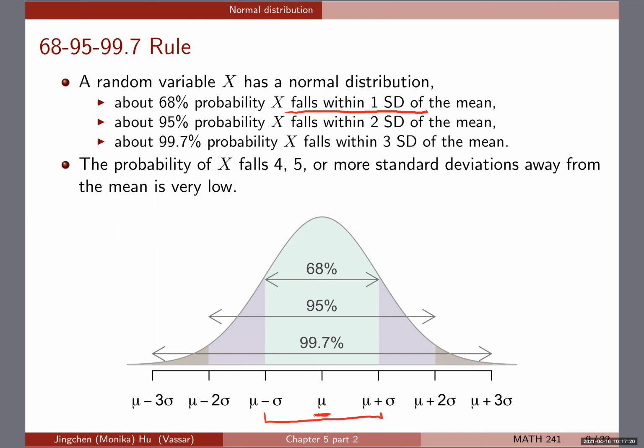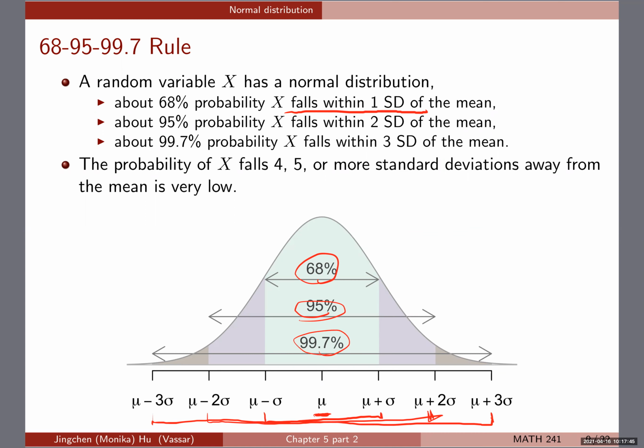The lightest shaded region in the middle is the 68%. About 95% of the probability of x falls within two standard deviations, so mu minus 2 sigma to mu plus 2 sigma. And lastly, mu minus 3 sigma to mu plus 3 sigma is 99.7%.